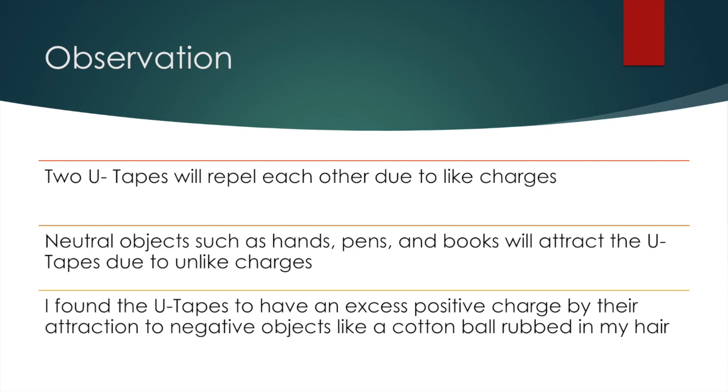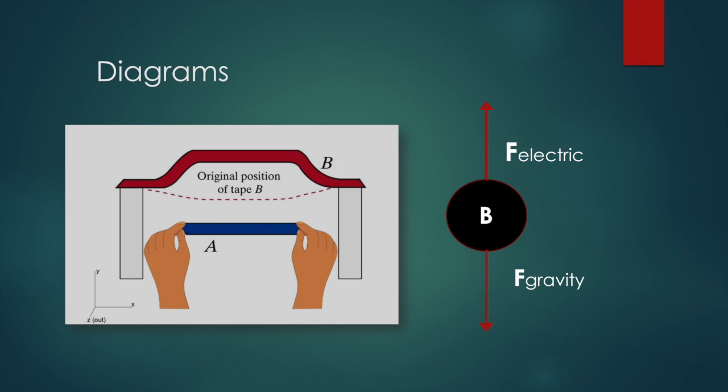So the fact that the U-tapes are attracted to that negatively charged cotton ball deduces that the U-tape is positively charged.